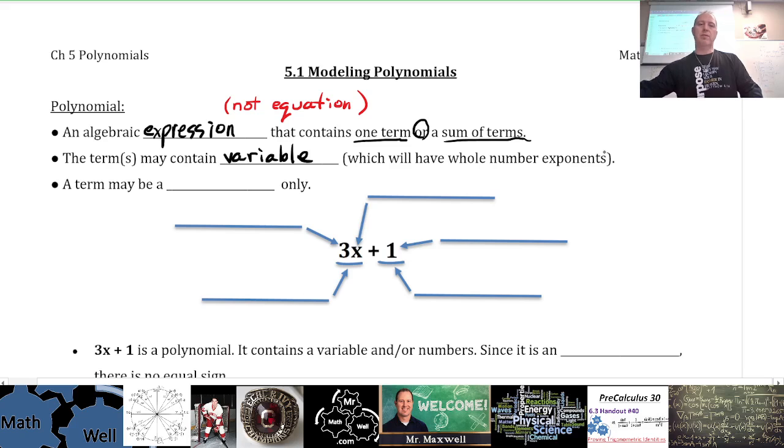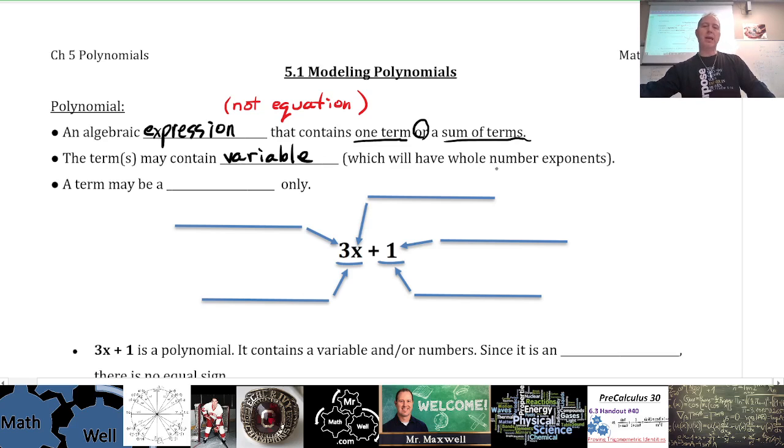Now variables would be letters in the expression. X is most common. Sometimes it's A or N or K or whatever. But the meaning of the word variable is that it changes, okay? Or it's unknown, and that variable can change in the expression. We'll get into lots more examples like that. But it'll have some kind of letter, a variable part.